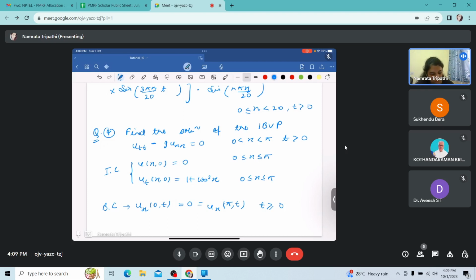So again you have to use separation of variables. You have to set up a Sturm-Liouville system for the variables and find the eigenvalues and eigenfunction. Then after applying the boundary condition, you can write the expression for u(x,t).